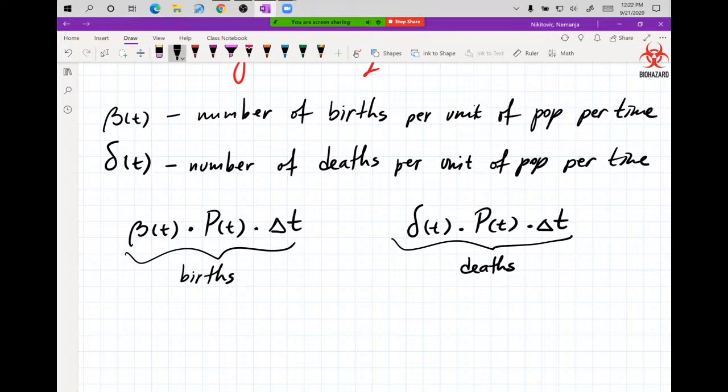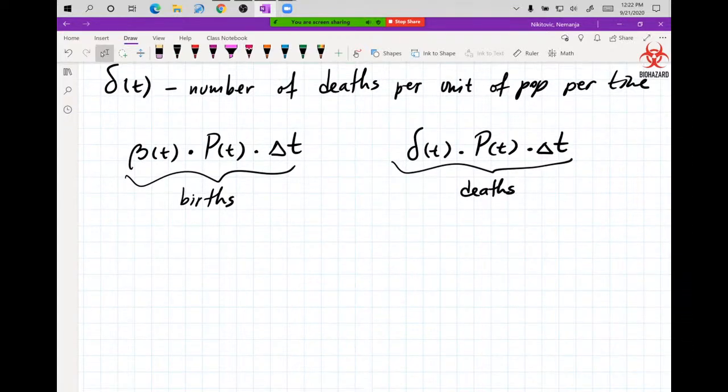As time progresses forward, it is common sense to say that the change in population is the difference, births minus deaths, right? Because everyone who exists on the planet had to be born at some point, and then they die.